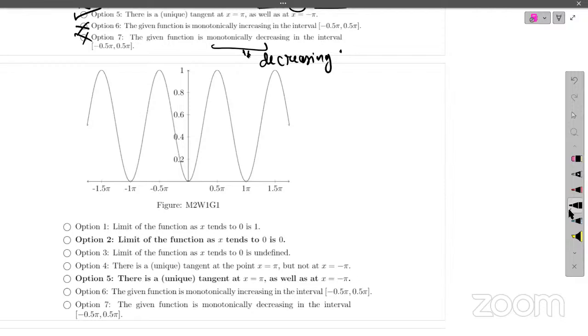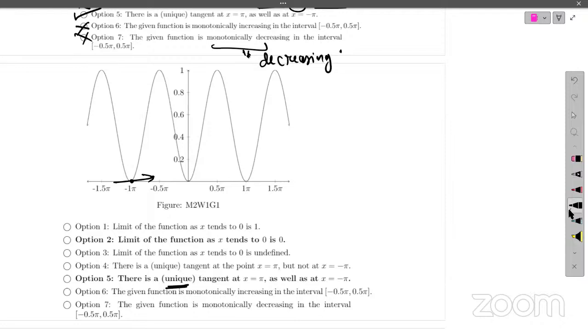But anyway, a tangent means you should be able to draw a line which touches the graph exactly at one point. But the uniqueness we can answer using the derivative. If the function is differentiable, there we have a unique tangent. But since you are not familiar with differentiability, I haven't used it. I just say the tangent is nothing but a line which touches the graph exactly at one point.